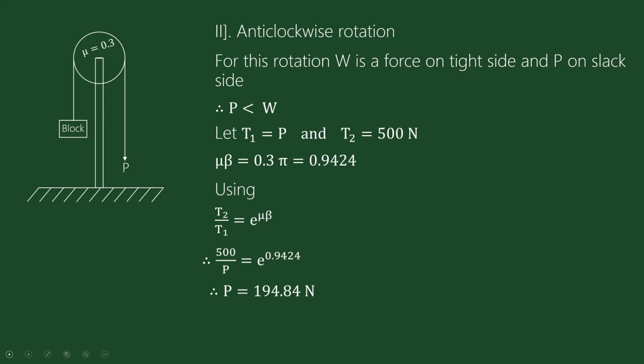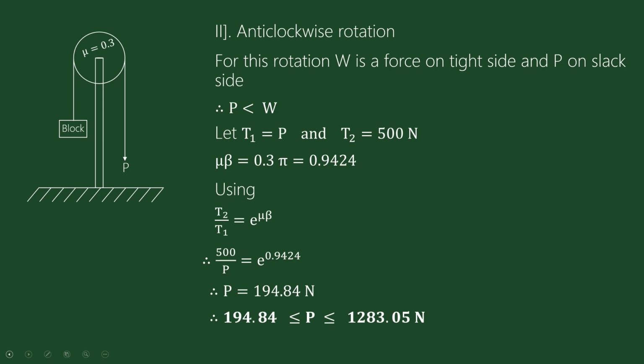Since the range of values of P is asked to calculate, we have to give the answer in terms of range. So, the range of these values of P can be written in this manner: 194.84 less than or equal to P, less than or equal to 1283.05 Newton.